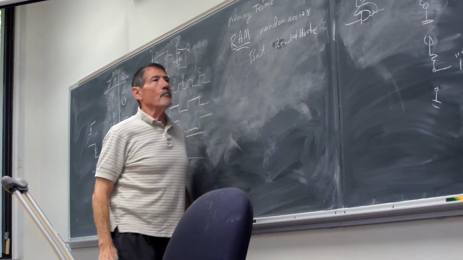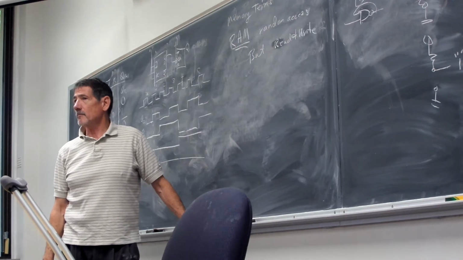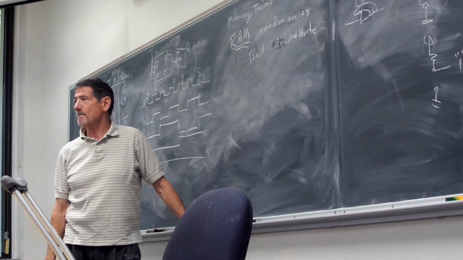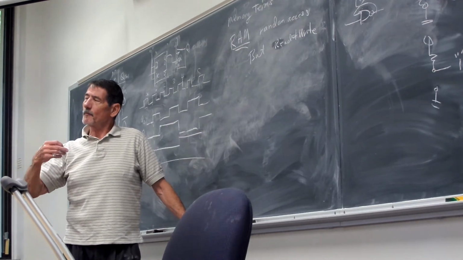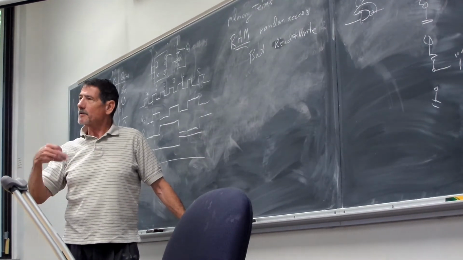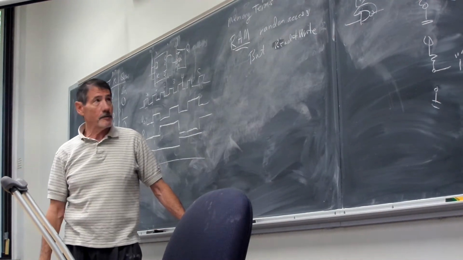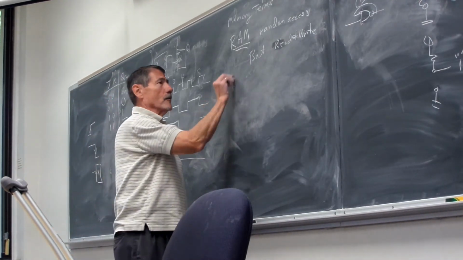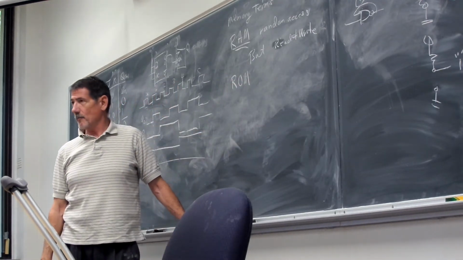So I can both read and write to this memory. Is that all right? So some of these terms, for a given chunk of memory, several of them are going to apply or not apply.